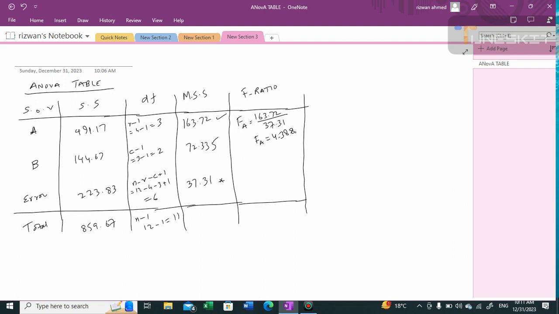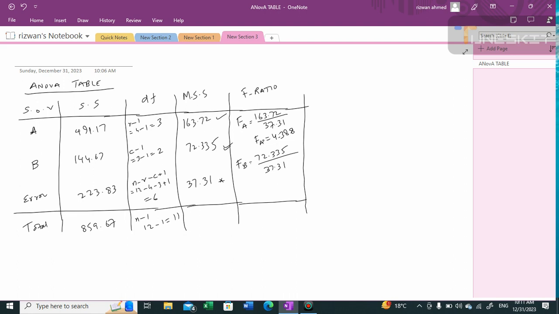This is what F ratio for factor A we have computed as. The F ratio for factor B can be computed by dividing 72.335, which is mean sum square of factor B, by mean sum squared error, which is 37.31.